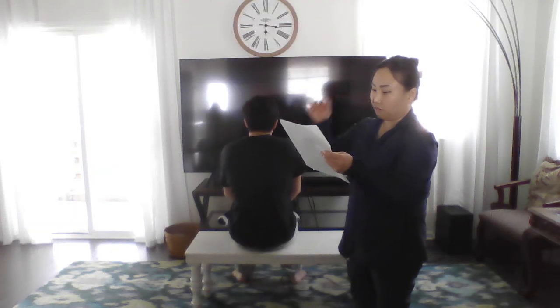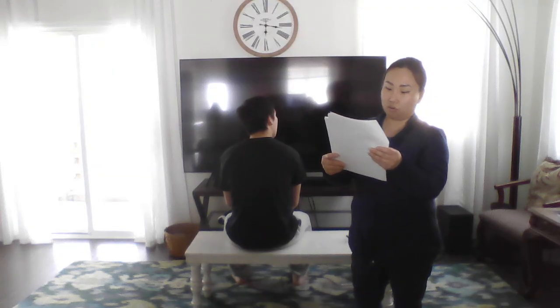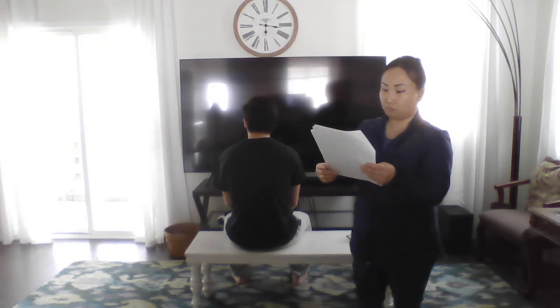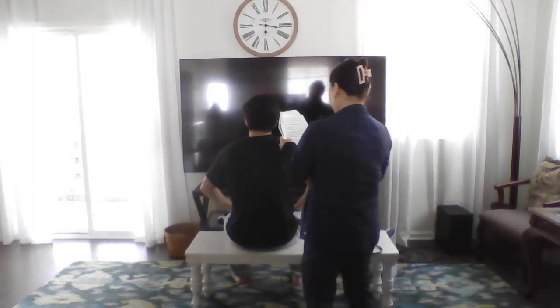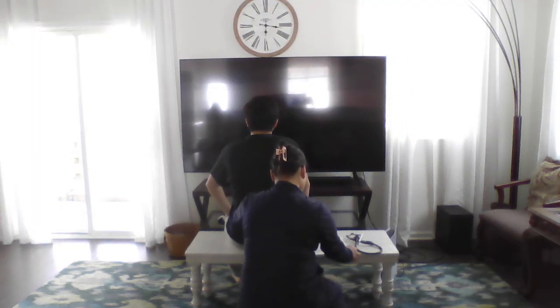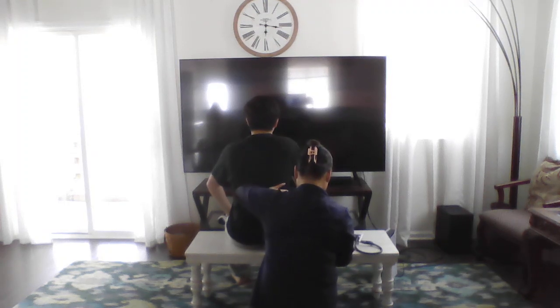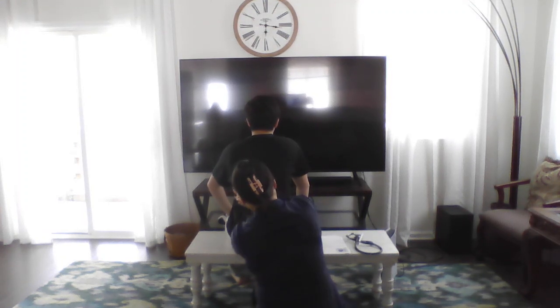Now I'm assessing for costovertebral angle tenderness, at the 12th rib. Please tell me if you have any pain. Do you feel any pain?